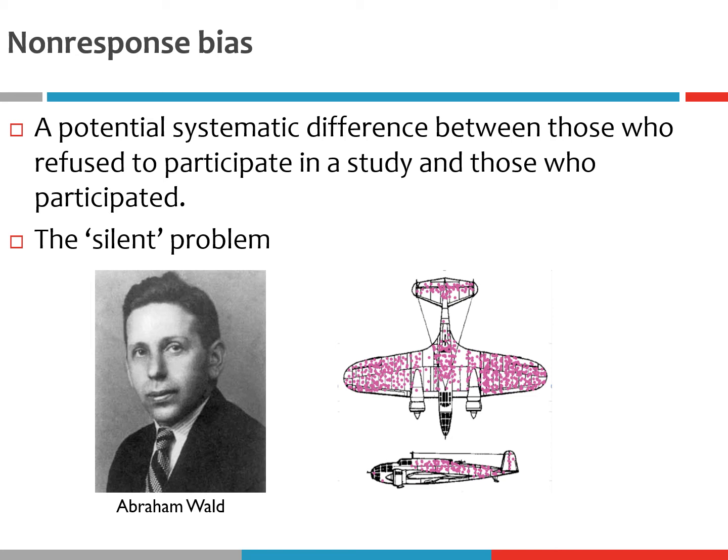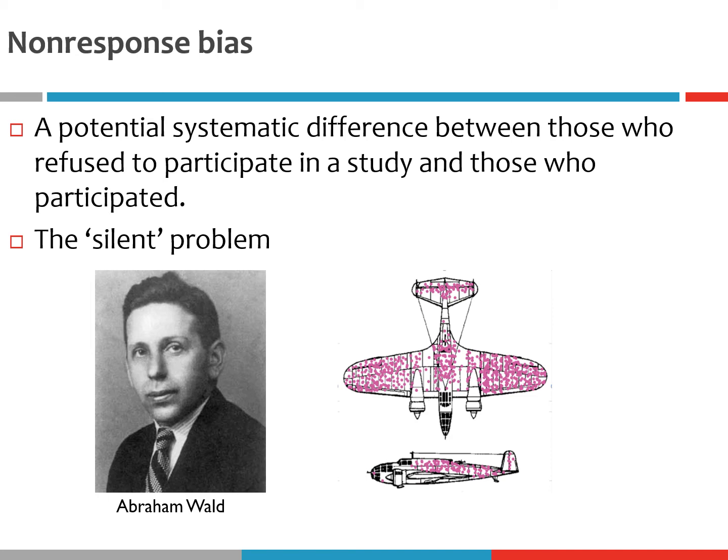If a plane comes back and survives with numerous bullet holes in the wings, right, but no bullet holes on the middle area of the plane, or the areas in white there, right? What that suggests is that it survived because that particularly vulnerable area wasn't destroyed by bullets, right?